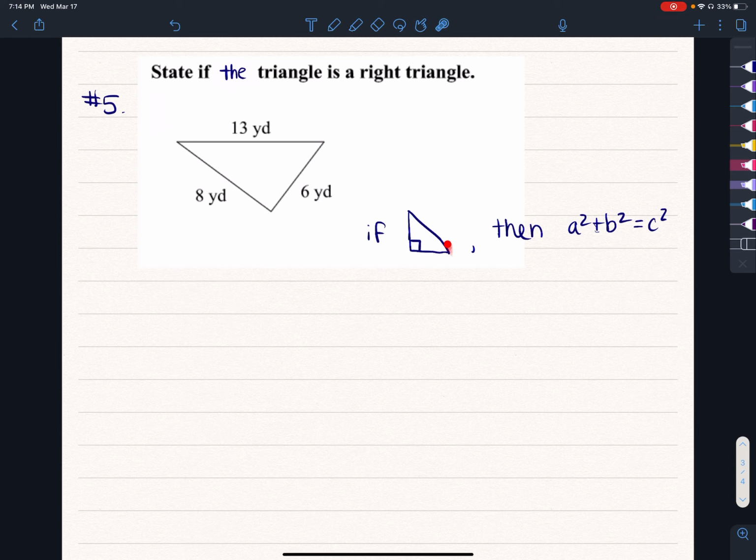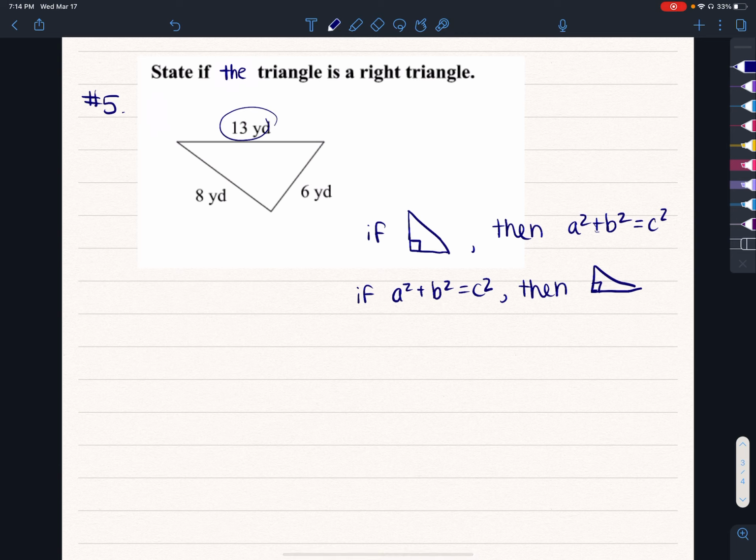If we have a right angle triangle, then this is true. Now we're using what's called a converse in math. It's just the reverse logical order. We're going to say if A squared plus B squared equals C squared, if that is true, then the triangle is a right angle triangle. So it's just the reverse logic.